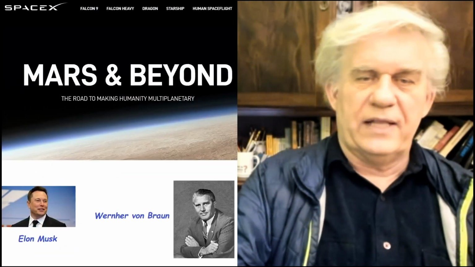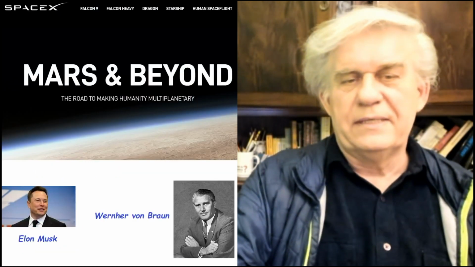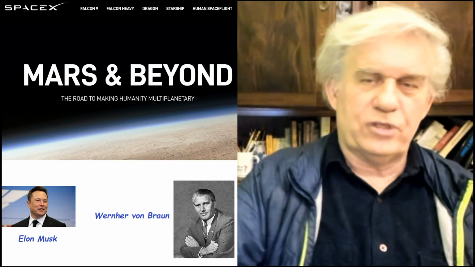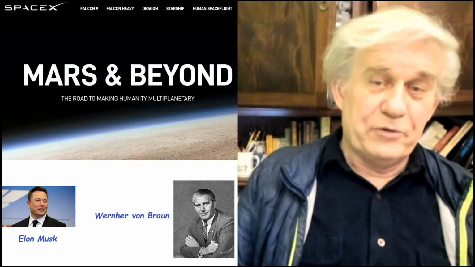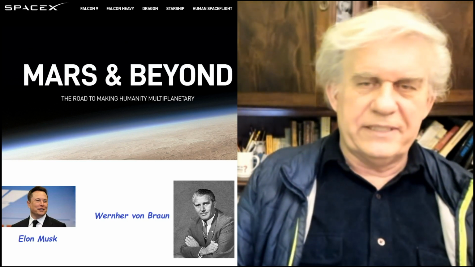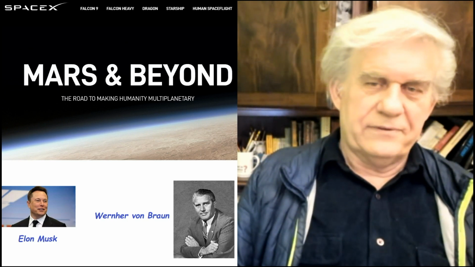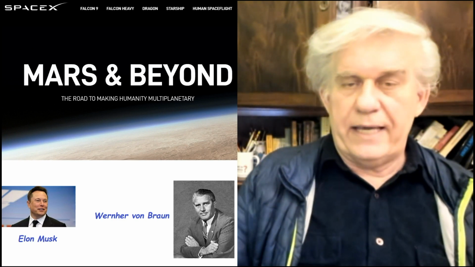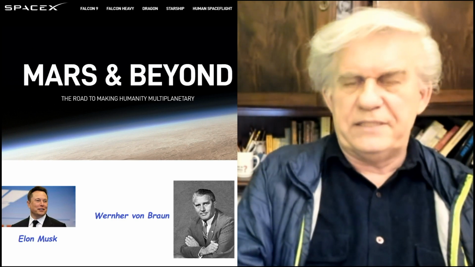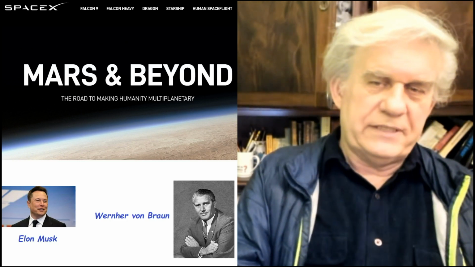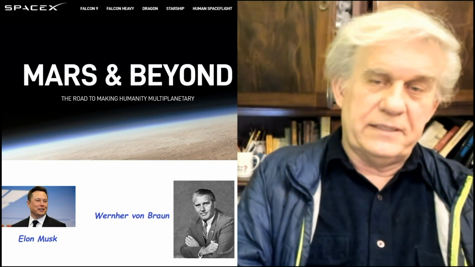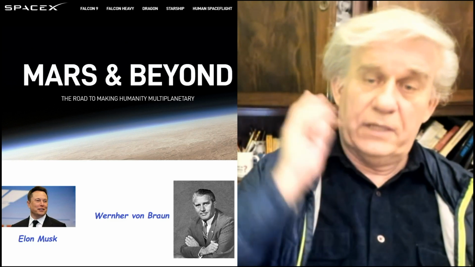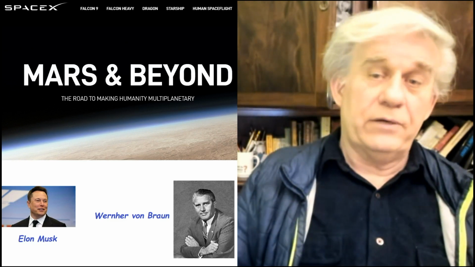The first one was this fellow, Wernher von Braun, an SS officer who was recruited by the Americans and developed the rocketry for the military. And Wernher von Braun, I think he had a book in the early 1950s, and he came up with a plan to colonize Mars, to go to Mars, and he already had developed that.